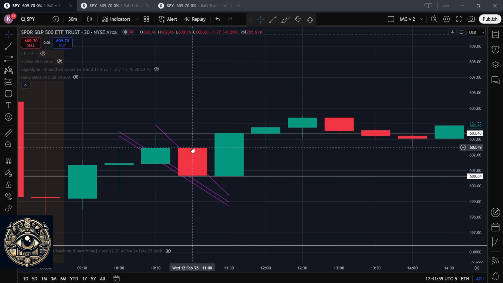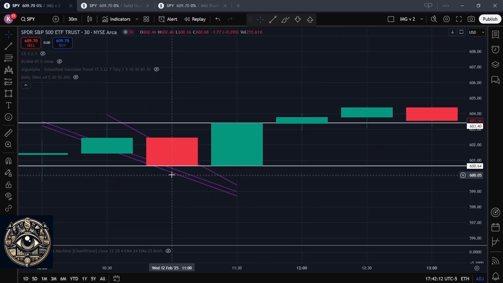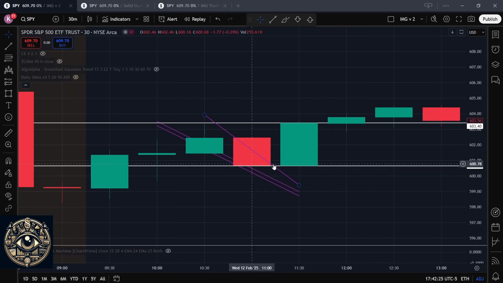It opened at the top and closed at the bottom. However, during this half an hour, at one point the price did come all the way down to here, 600.17, but it got pushed back up to just about 600.64.